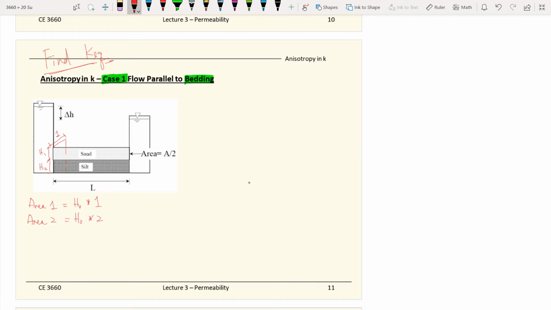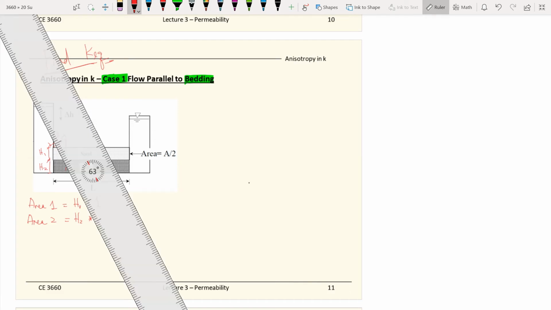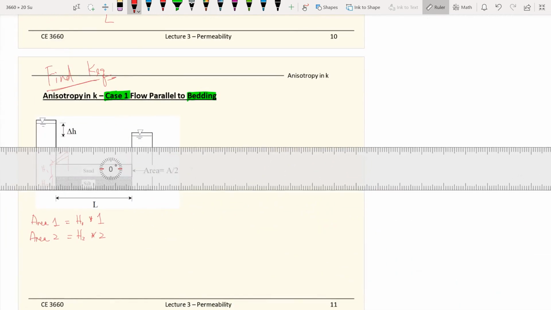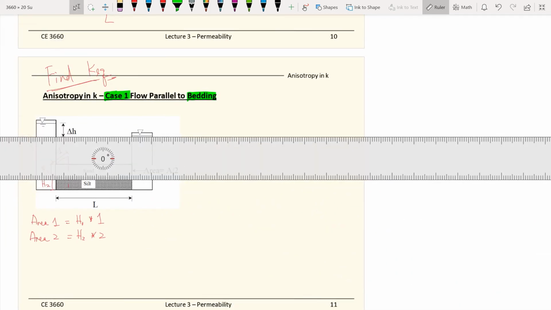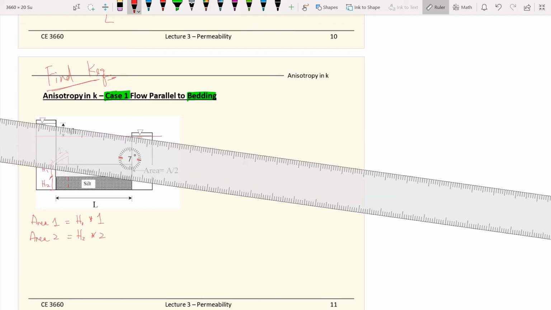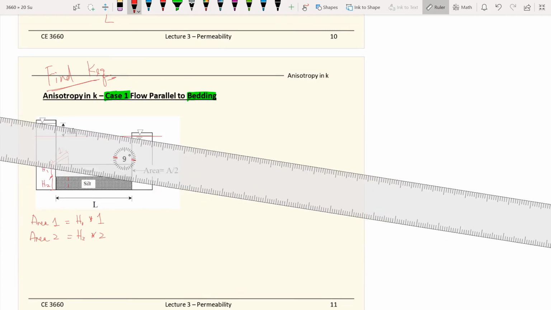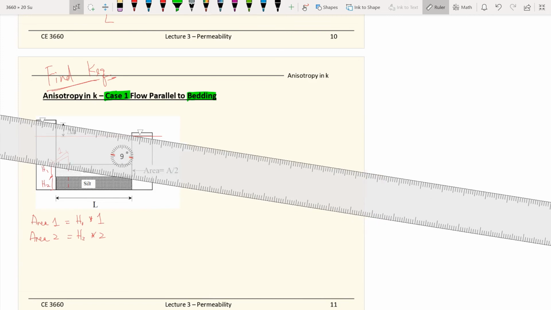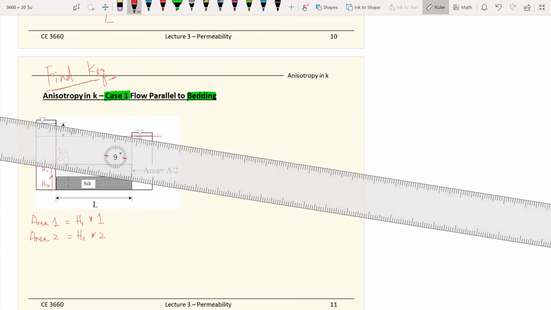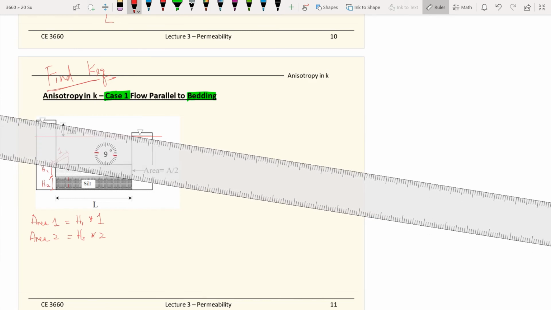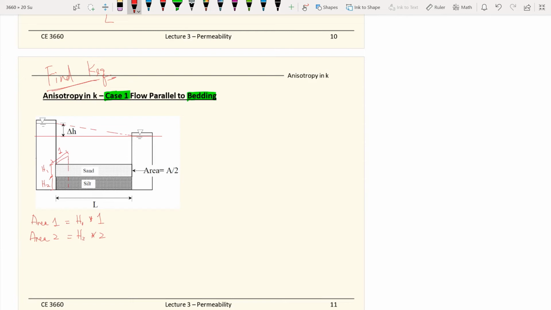And realize that there's a head drop across this setup. When the water flows through the system, the head will go down linearly. So we expect the delta H will go down this way.